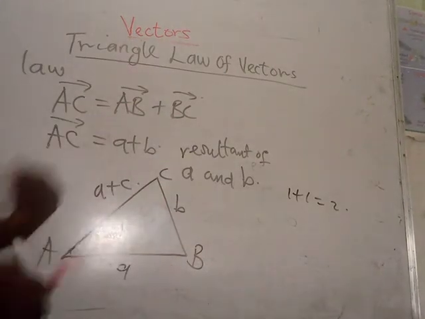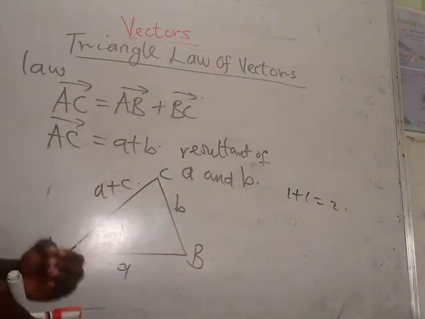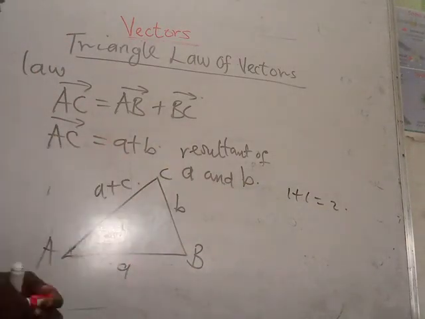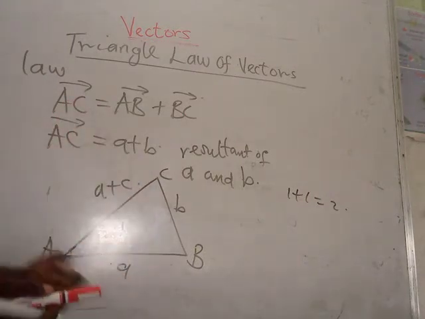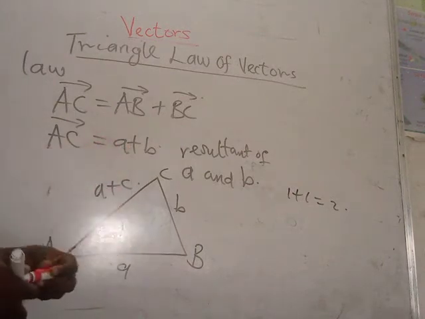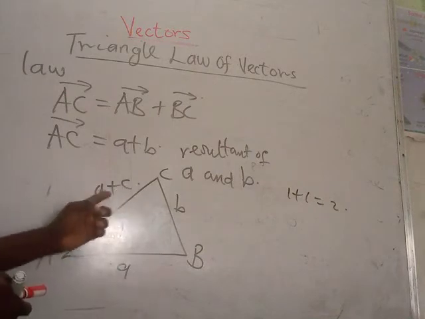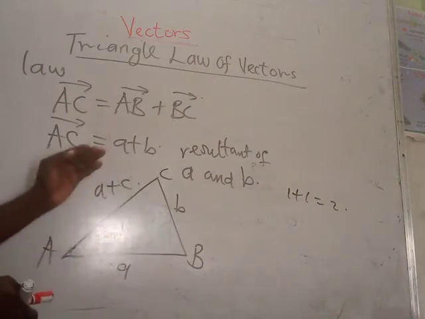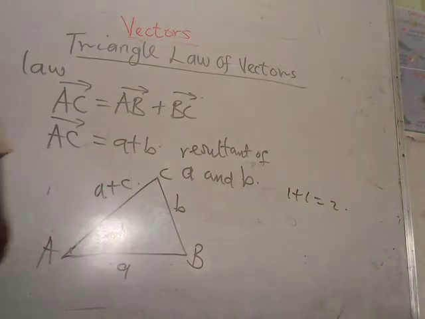So when doing vector addition, we take into consideration their direction as well as their what? Magnitude. So these are just to represent some algebraic formulas that you are going to apply to solve for this. So the vector A plus B is the resultant of vector A and vector what? B.